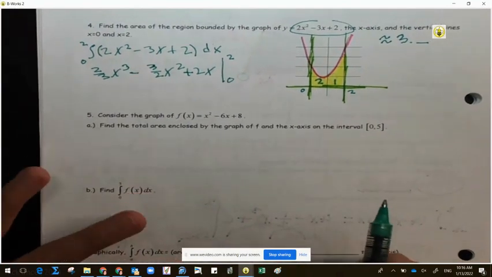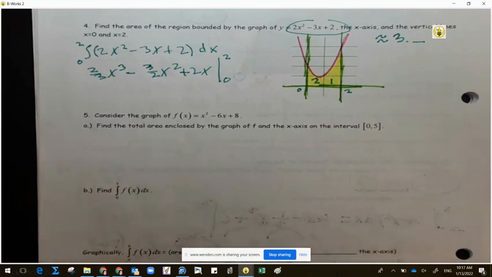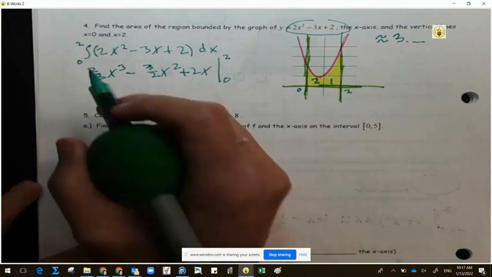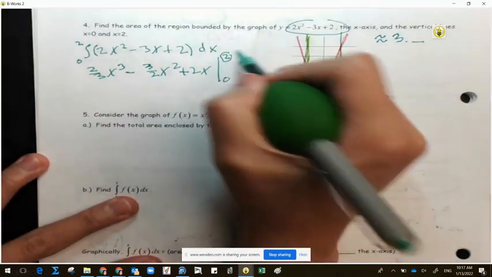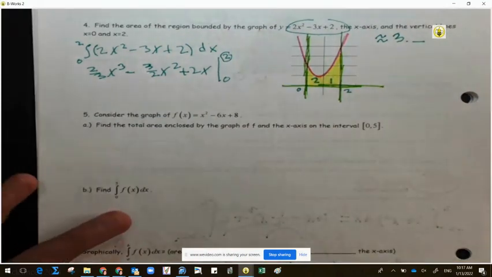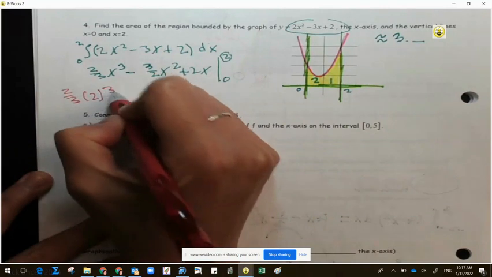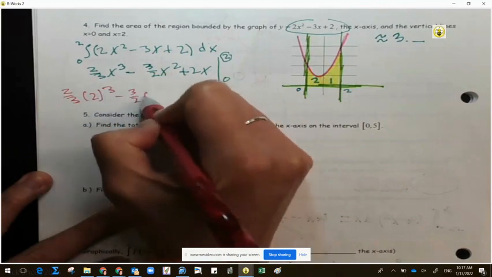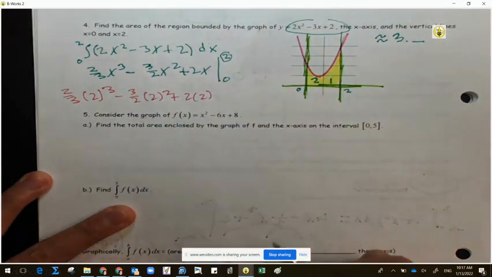Okay, let's go ahead and, I forgot plus c, but do I need it if I'm looking at a definite integral? Because in the end, plus c and minus c is going to cancel each other out. That's a first thought. If you want to write plus c, that's okay. All right, let's plug in the 2 now. When I plug in the 2, I get 2/3 times 2 cubed minus 3 over 2 times 2 squared plus 2 times 2.